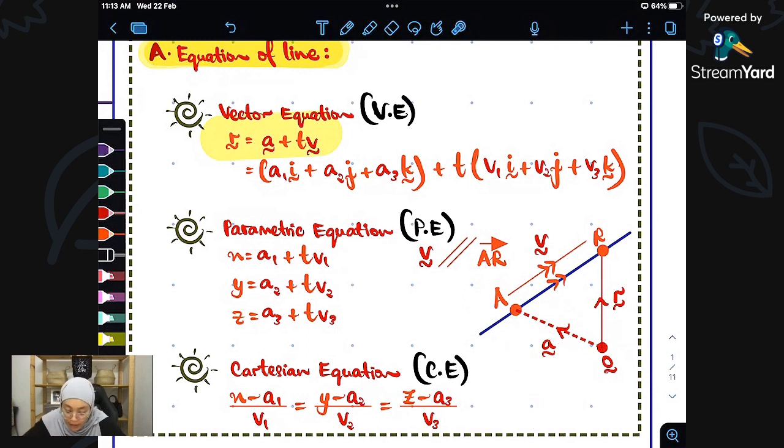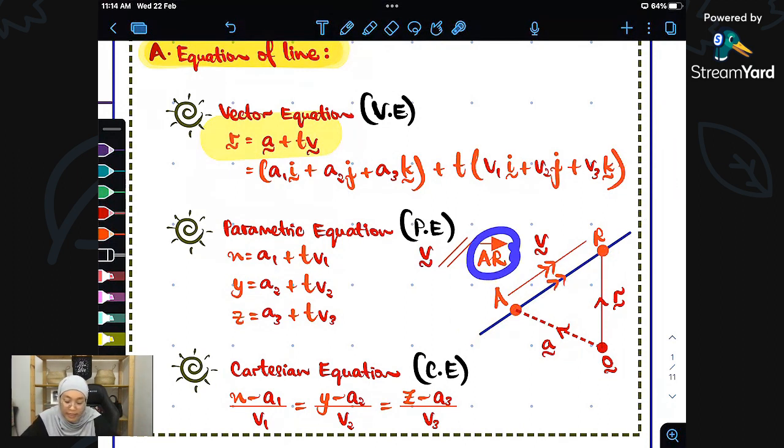Okay, and then we have a V vector. V vector is actually parallel to a point A to the point R. Okay, so basically kadang dia tak bagi point R, dia bagi point B kadang-kadang. So basically asalkan ada 2 point, bermaksud kita sangat happy lah, kita boleh cari the AB vector.